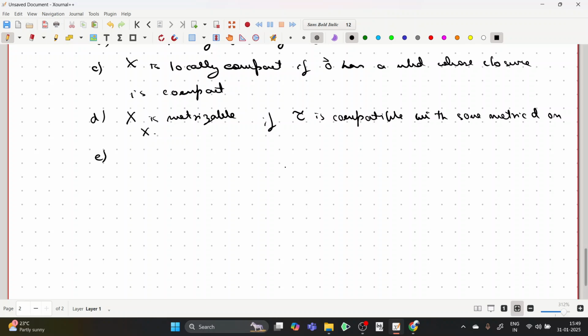Okay, X is said to be an F space. This symbol F has come from the father of metric spaces, Fréchet. Fréchet had this notion of metric spaces in his PhD thesis.